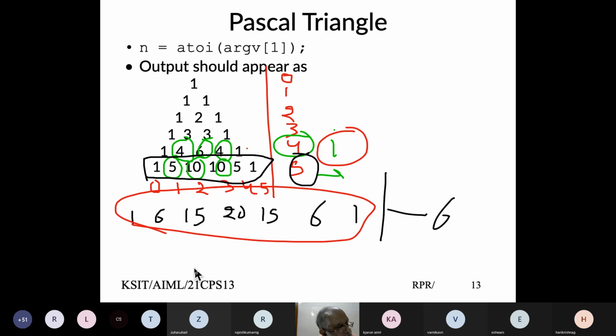Can you tell me how we get these values? We just discussed them. What is the last example we discussed? Binomial coefficients. Is this a binomial coefficient? What is 6C1?